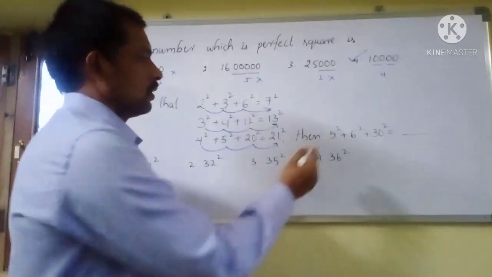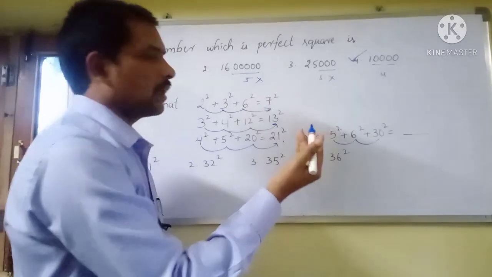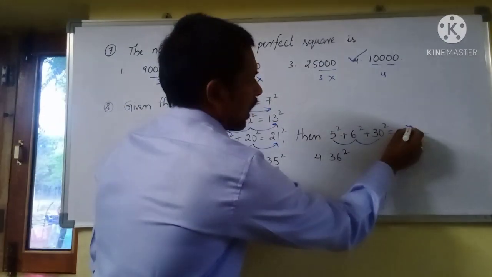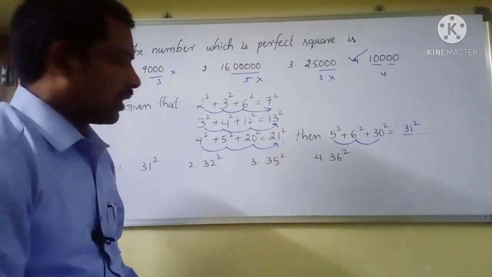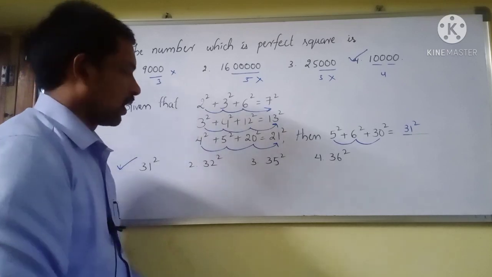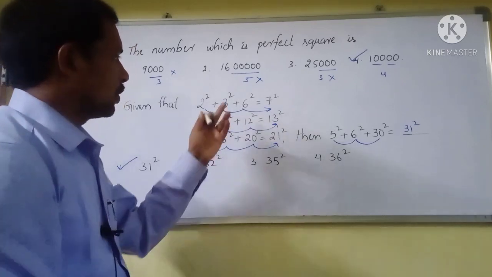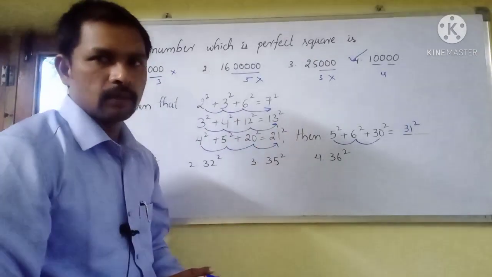Then 5 6s are 30, so 30 plus 1, 31 square. So 31 square is going to be our correct answer, option number 1. So we should first observe the pattern, then we should find the answer.